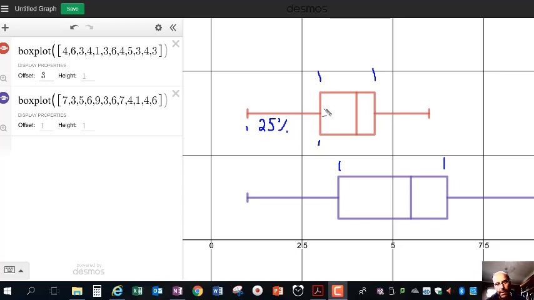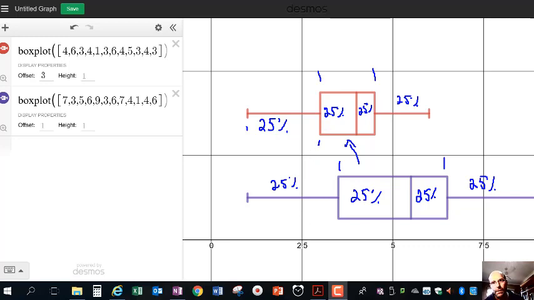So each of these segments of a box plot contains 25%. So you can see 25% of the data here is much broader at the lower quarter of the data. In the second quarter, it's broader again compared to the red data, and also the third quarter, and quite a long whisker at the end for the last. So the data is more spread out, but on average it's higher.